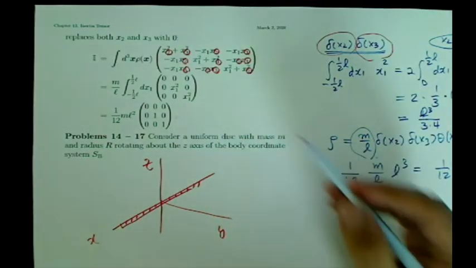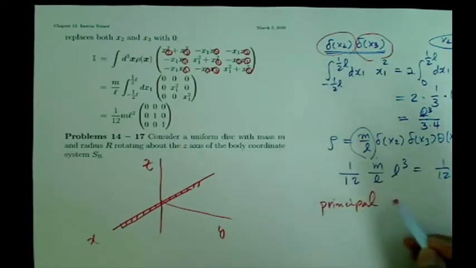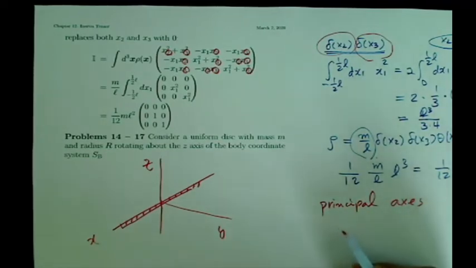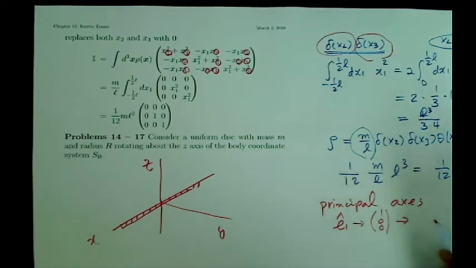First of all, this is a principal axis. So if the principal axis is E1 hat, that means 1, 0, 0, eigenvalue I1 equals 0.